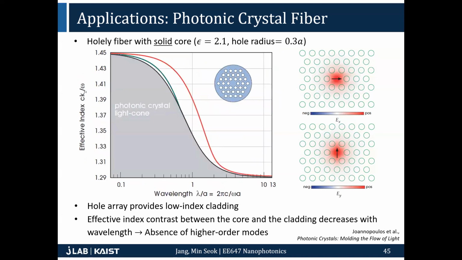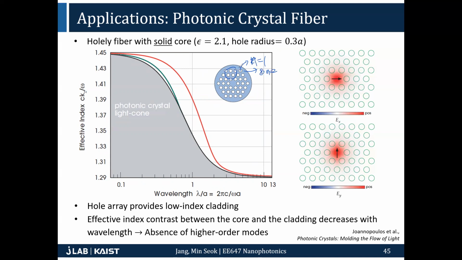So it's like this. You drill a bunch of holes, and the hole permittivity is just 1. And then in the solid region, you have an index of, let's say, 2, right?